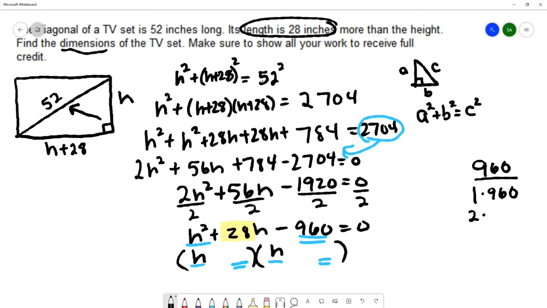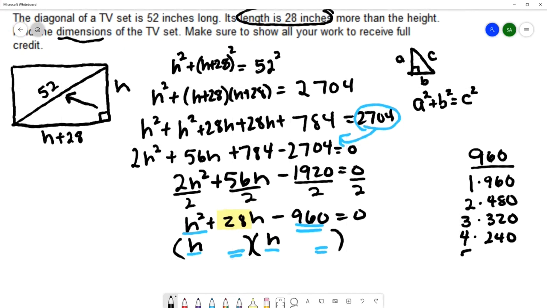And then 2 times 480 is 960, and that's not going to get me 28. 3 will divide into there. That's 320. That's not going to work. 4 into 960, and by the way, I'm just typing this in my calculator. 960 divided by 4 is 240.